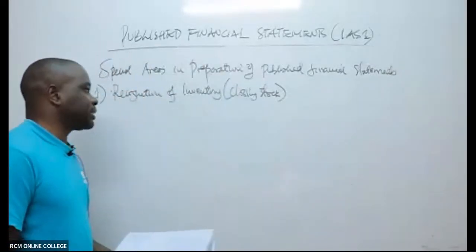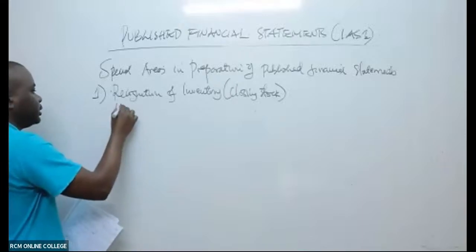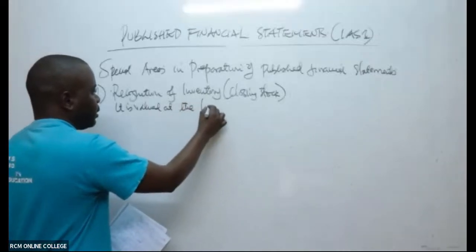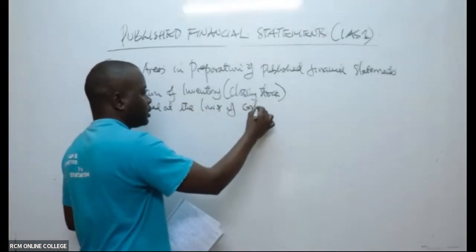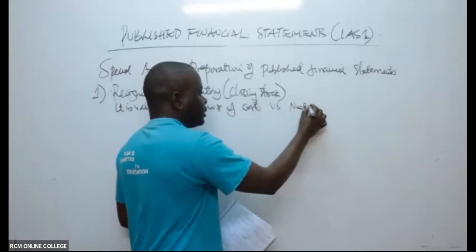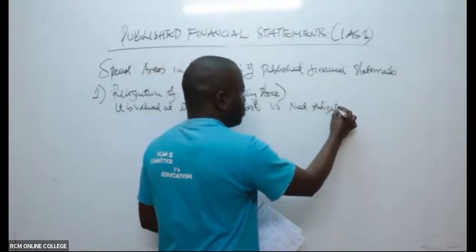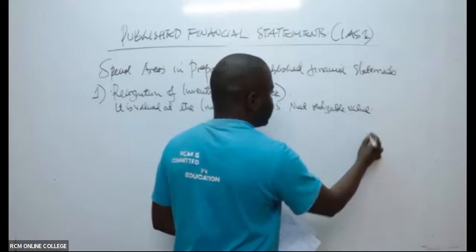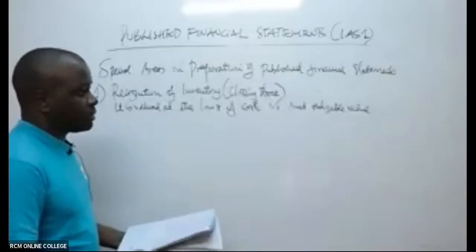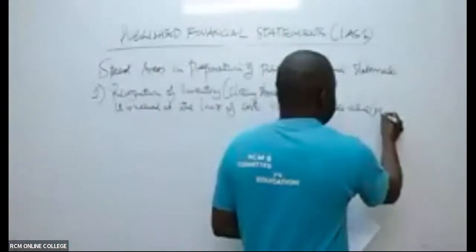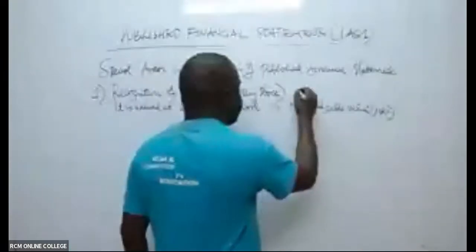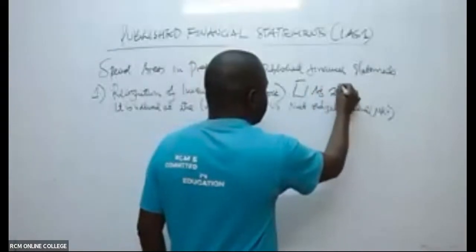Sometimes you've gotten used to just calling it NRV. And this, of course, is in accordance with International Accounting Standard number 2 on inventory.